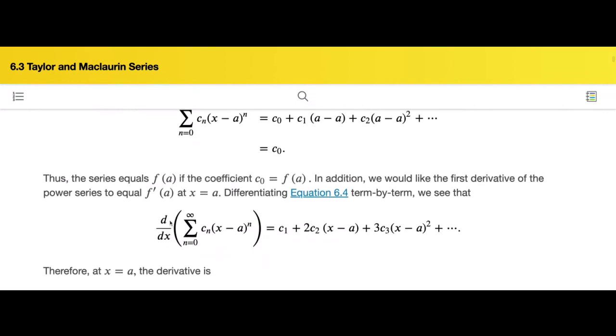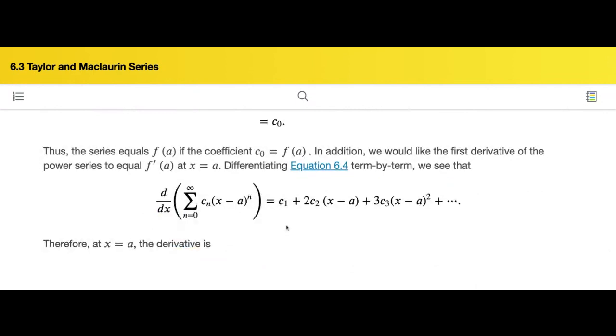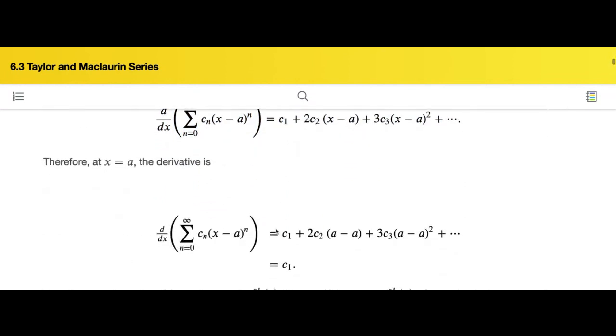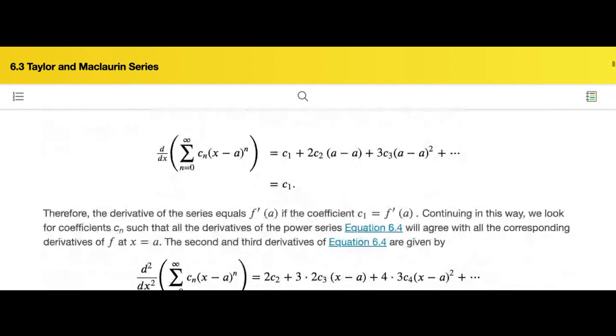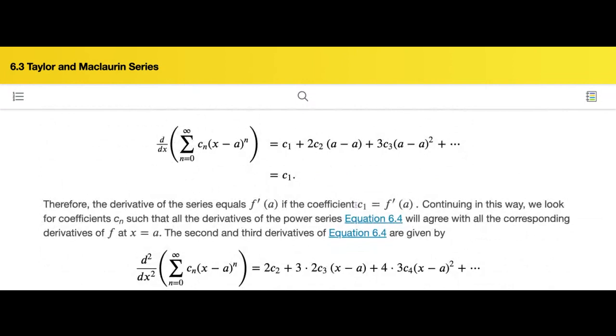If we differentiate the power series, C0 becomes 0, so C0 disappears in the derivative. We get C1, and that's just f prime of a. So C1 equals f prime of a.